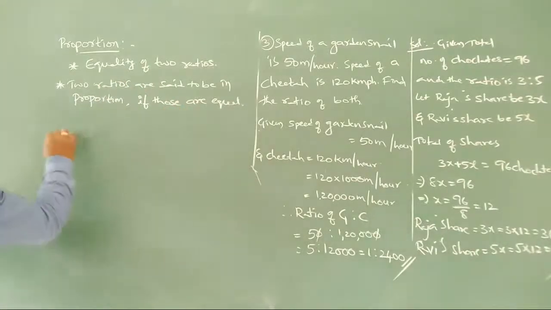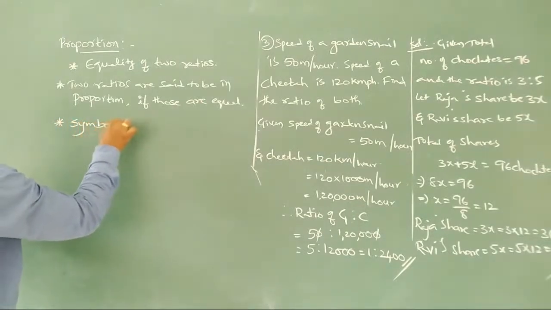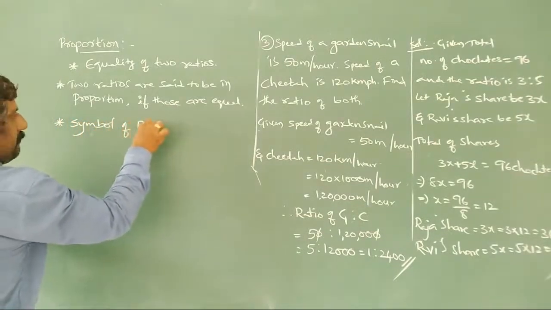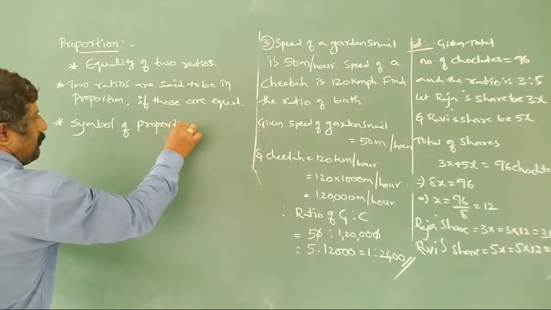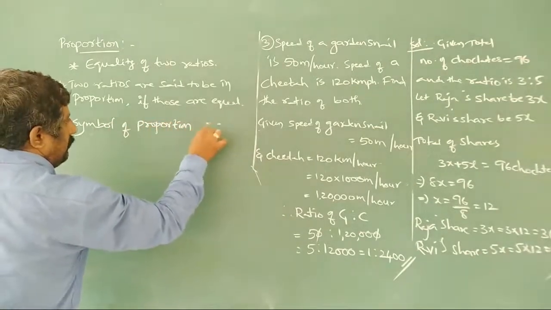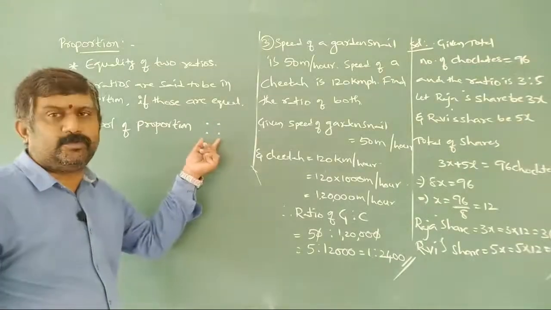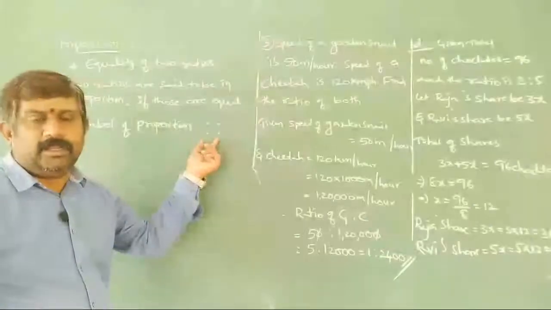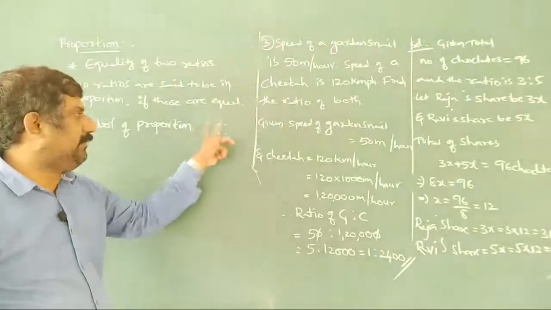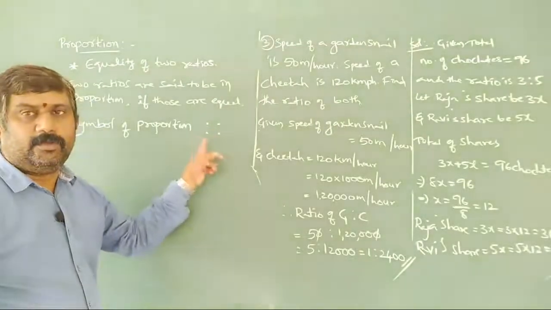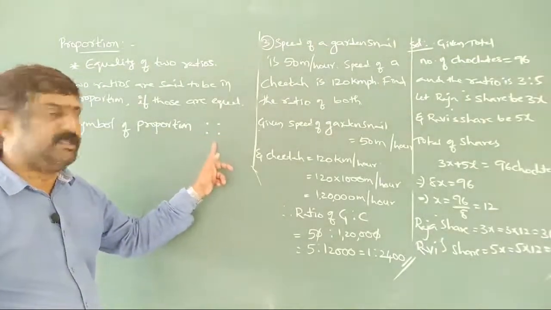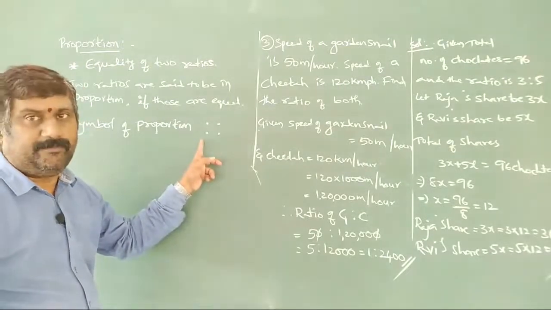What is the symbol of proportion? It is a combination of two ratio symbols. In ratio we got only 2 dots, now we are getting 4 dots. So a combination of two ratio symbols is nothing but the proportion symbol.